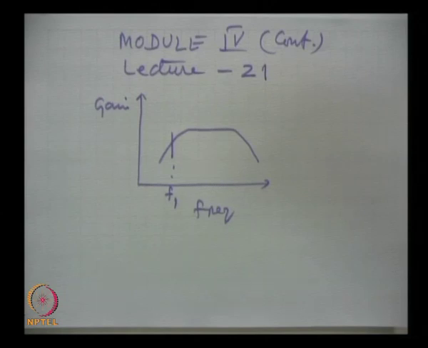Now, 3 factors may contribute to the lower cutoff. One arises from the first coupling capacitor at the input. The other cutoff may come from the second capacitor at the output, and similarly the bypass capacitor, which we use with Re to enhance the gain, may also give the third cutoff.